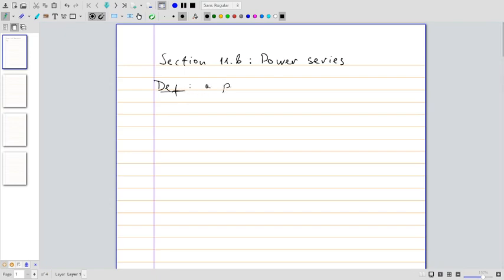A power series is the following object. It is the infinite sum with k from 0 to infinity, ck times x to the k. This infinite sum starts off like this.